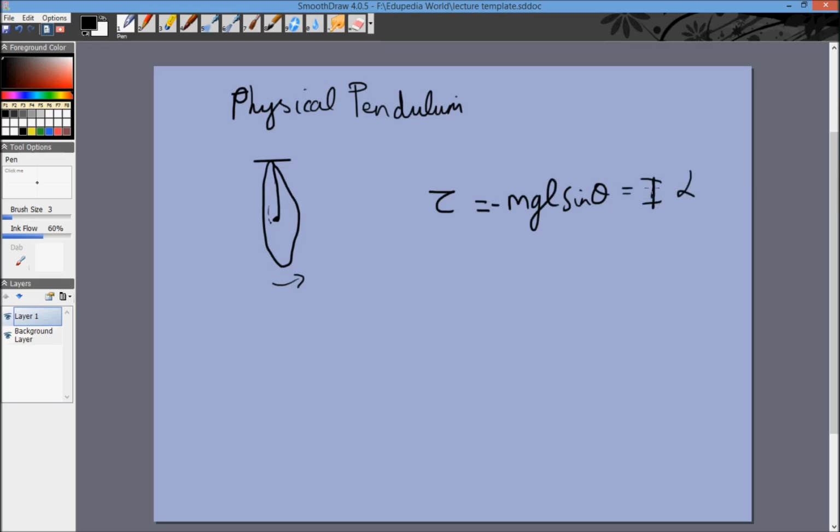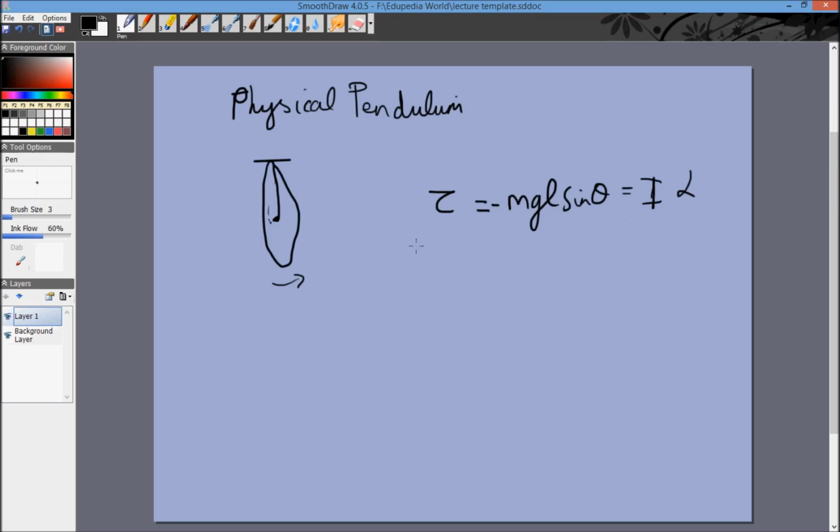Now from this, in the previous step we proceeded to put I is equal to ml square, but in this case we don't know what the I is. So let's just leave I as that, and we can do it for many specific objects. For example, we could do it for a rod, or a rod with another vertical rod attached to it at the end.